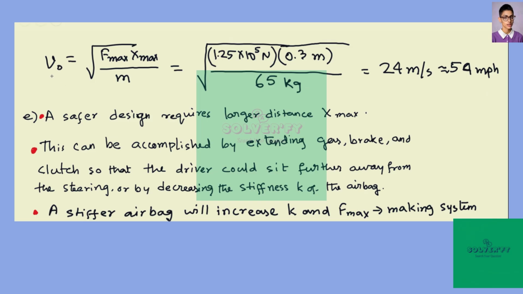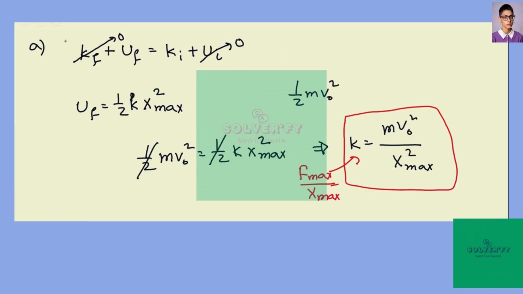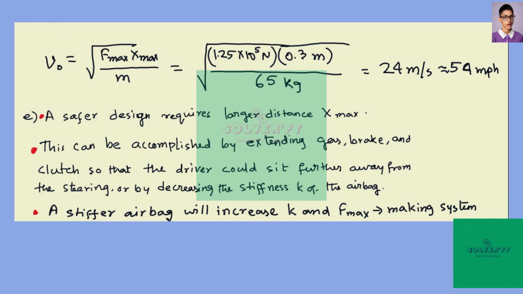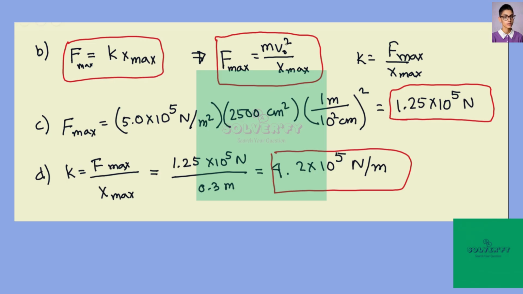And also, if we want to calculate the velocity, we can use this equation right here, where we'll just solve for velocity in terms of the other parameters. We see that we have F max times x max by m, because that equation has been changed to this equation, where if we write that in terms of v naught, v naught should be equal to the square root of F max times x max divided by m.